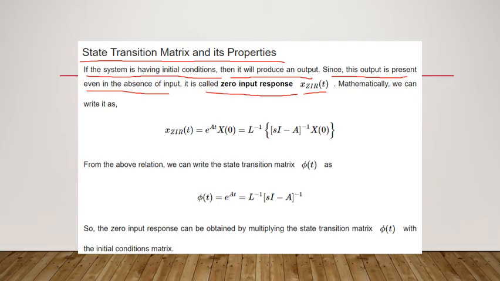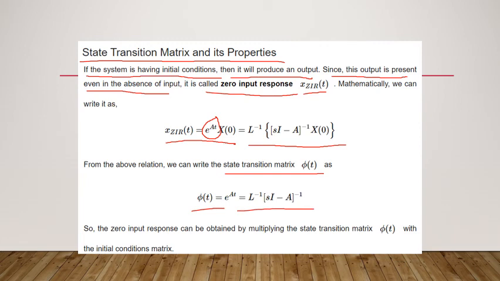So how do we represent this? This is represented by e raised to the power At times x of 0. And formula wise, it is given by Laplace inverse of (sI minus A) inverse x naught. Now what is the state transition matrix? This part of the formula represents the state transition matrix. It is denoted by phi of t, and this is the formula: Laplace inverse of (sI minus A) inverse.